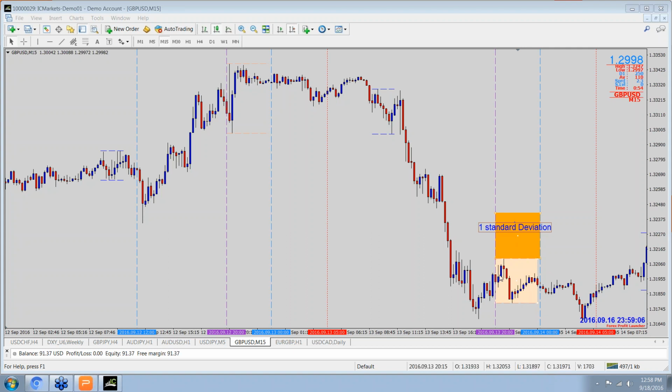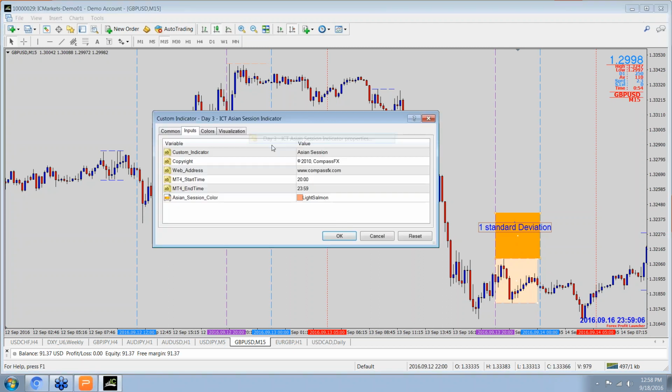The time zone that I use, if you look at the range I'm using on my platform, factors in GMT plus 2 or 3 depending on daylight savings. So I'm using 20 GMT and then 23:59 GMT.